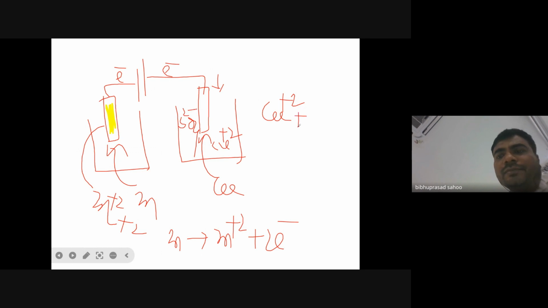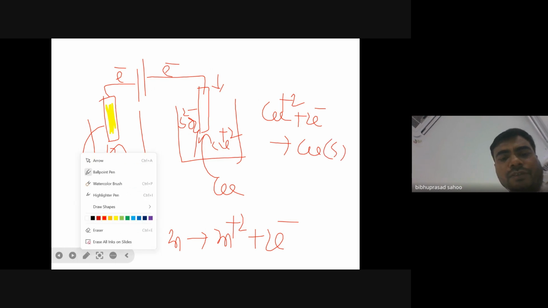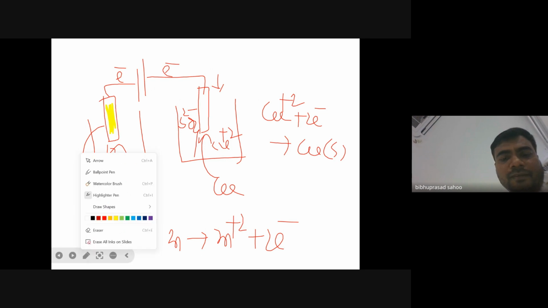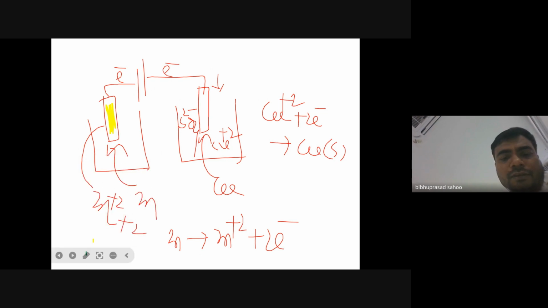Copper 2 plus accepts 2 electrons, becomes copper neutral or solid, and deposits over here.